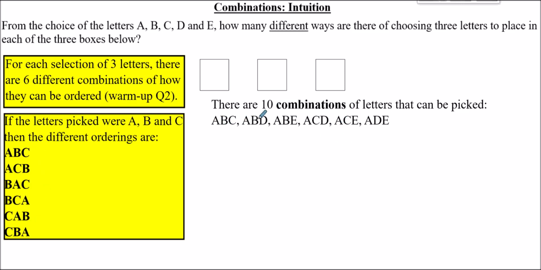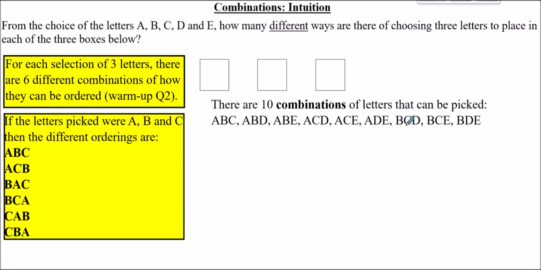So that's all the combinations if we're picking the letter A. So what about if we're just picking some combination of B, C, D and E? Well, we could pick BCD, we could pick BCE, and we could pick BDE.